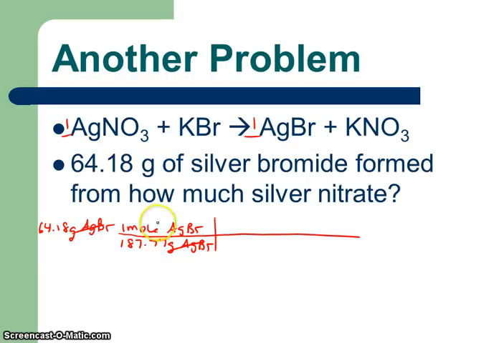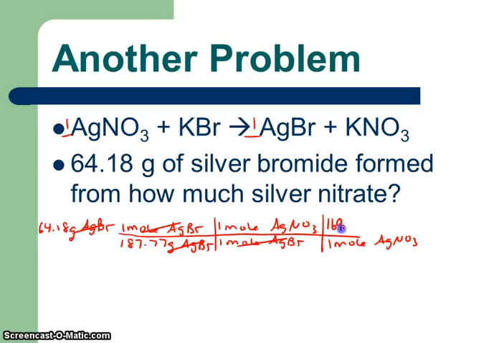Our balanced equation tells us that for every 1 mole of silver bromide that's produced, 1 mole of silver nitrate must have reacted. And we don't want moles of silver nitrate, we want grams of silver nitrate. So our last step, we're going to convert from moles of silver nitrate to grams, and we look up the molar mass.